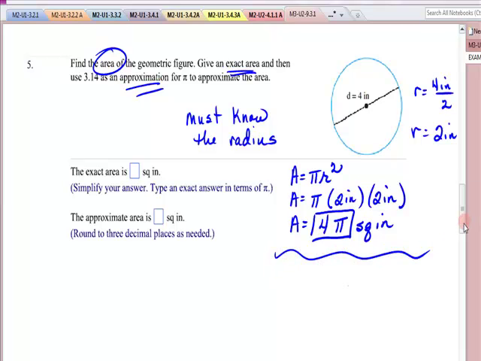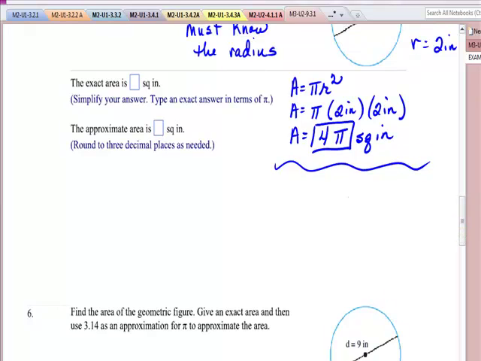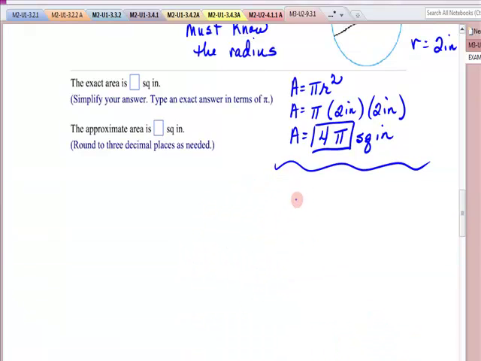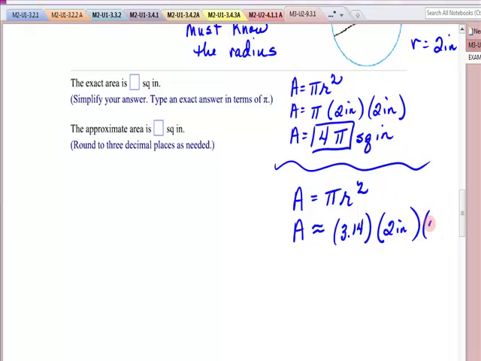Now I'll do the approximation. I pretty much start over. I have area is pi r squared. Area is approximately 3.14 times radius squared means 2 inches times 2 inches.